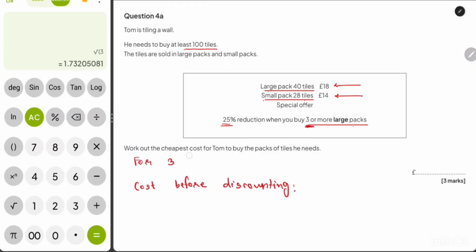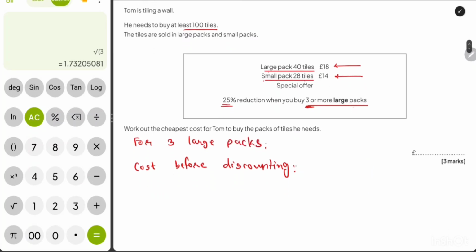For 3 large packs, the cost before the discounting is 18 times 3, that is 54 pounds. You can see in the calculator, 18 times 3, that is 54.